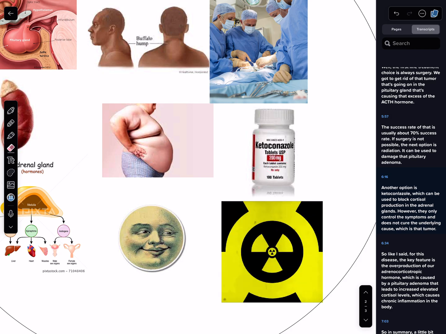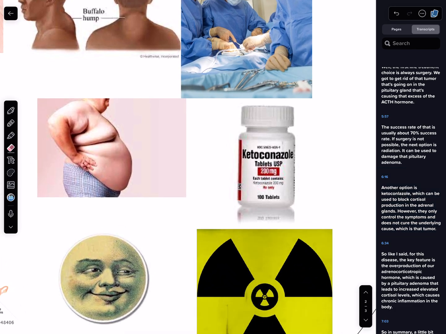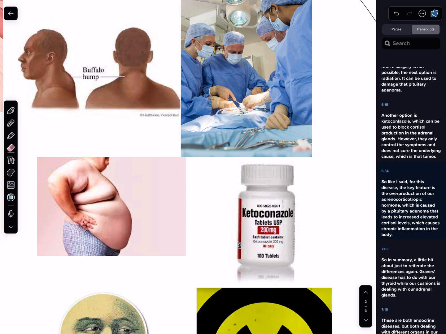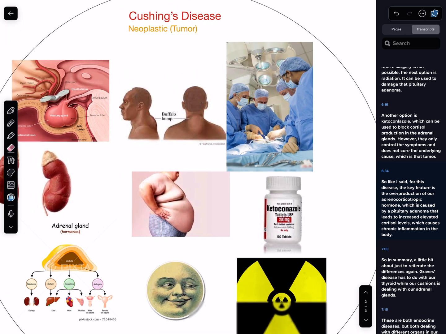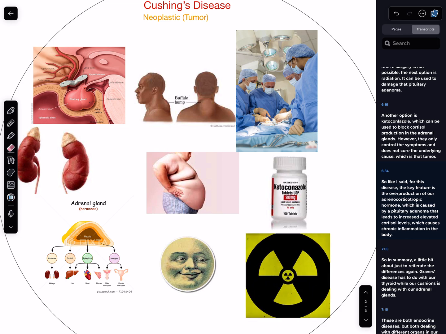Another option is ketoconazole, which can be used to block cortisol production in the adrenal glands. However, they only control the symptoms and do not cure the underlying cause, which is that tumor.